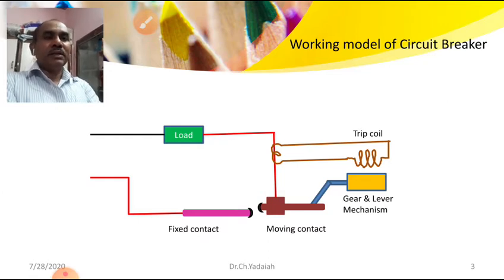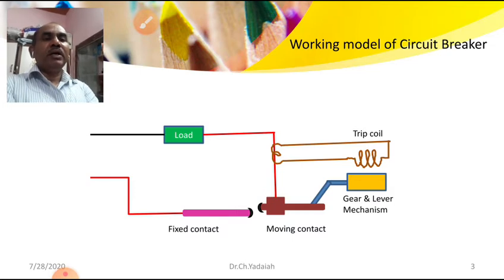As it decreases, the current density at the two points goes on increasing. Once the contact area decreases, the current density increases, and this may create a higher amount of heat energy at the two contacts.